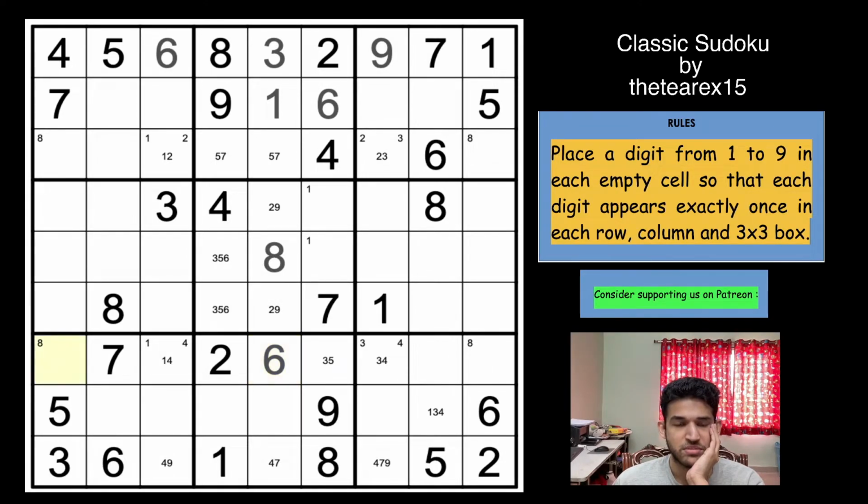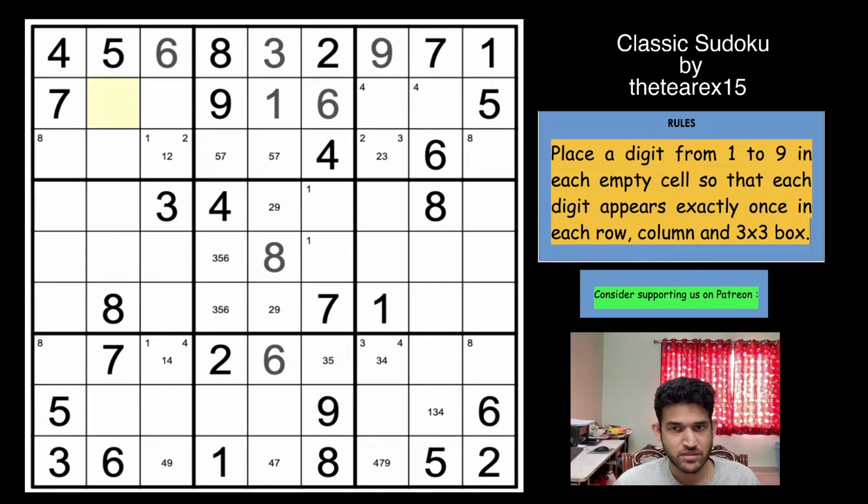Can I place something here? 3, 5, 6 and 7. 2 and 4 are eliminated. Nothing there. Okay, 4 in row 2 goes here.